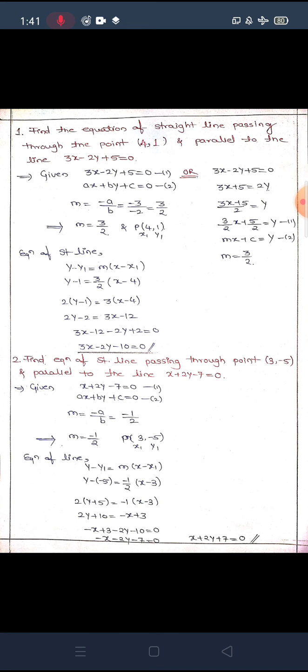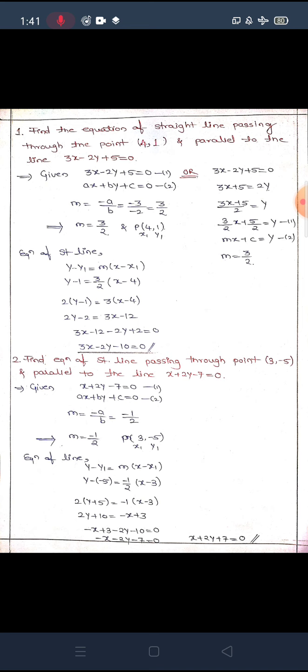Here on the RHS you have 3 by 2. Now shift 2 to the LHS. So 2 into y minus 1 is equal to 3 times x minus 4. Multiply 2 into the bracket, that is 2y minus 2 is equal to 3x minus 12.